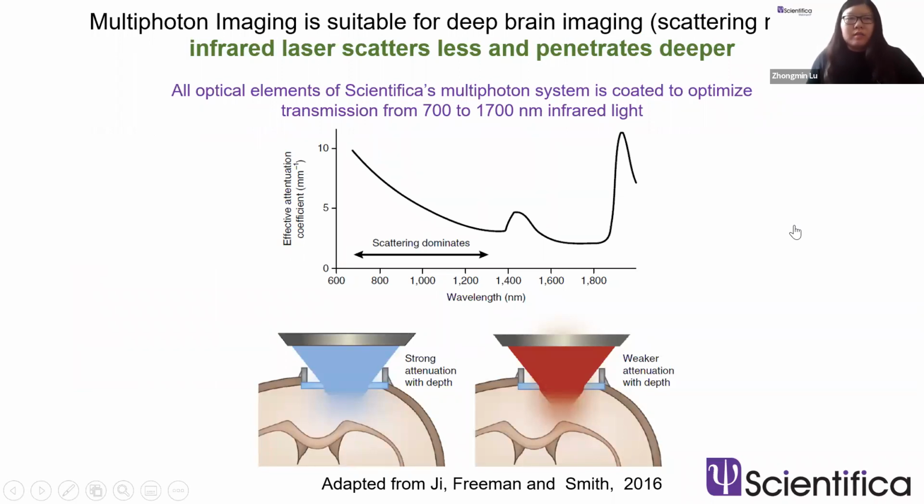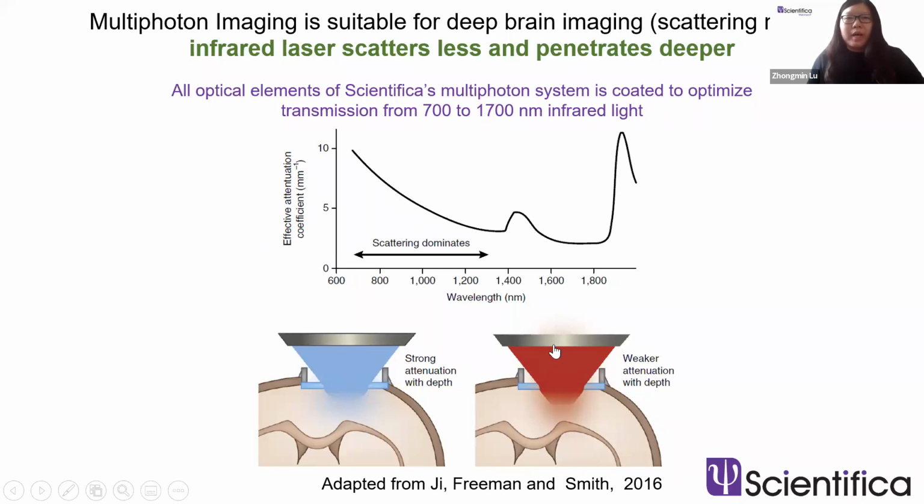Another benefit of multiphoton imaging is that it usually uses an infrared laser source, ranging from around 700 nanometers to around 1000 nanometers, compared with the visible light spectrum usually used in single photon imaging.